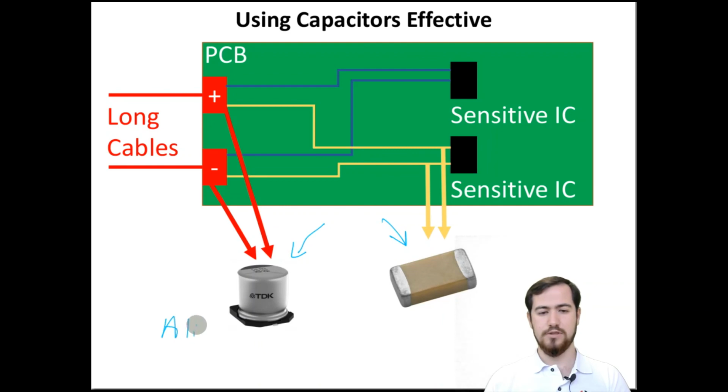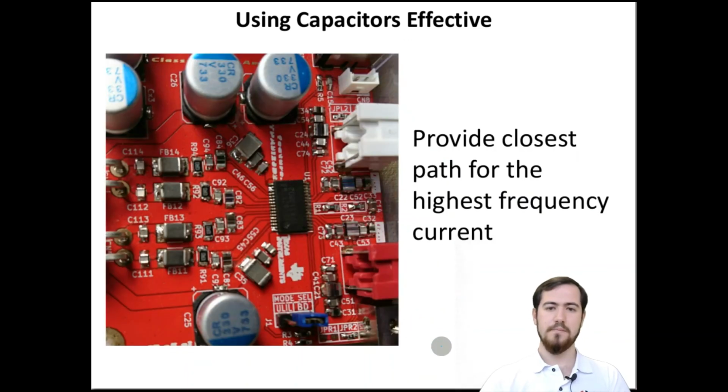In order to classify, this is an aluminum electrolytic capacitor, and this one is a ceramic capacitor, which are used for different purposes. That's an example I found on the internet. As you can see, this IC is supplied by these capacitances. These are the ceramic ones, and it is also connected to these aluminum capacitors.